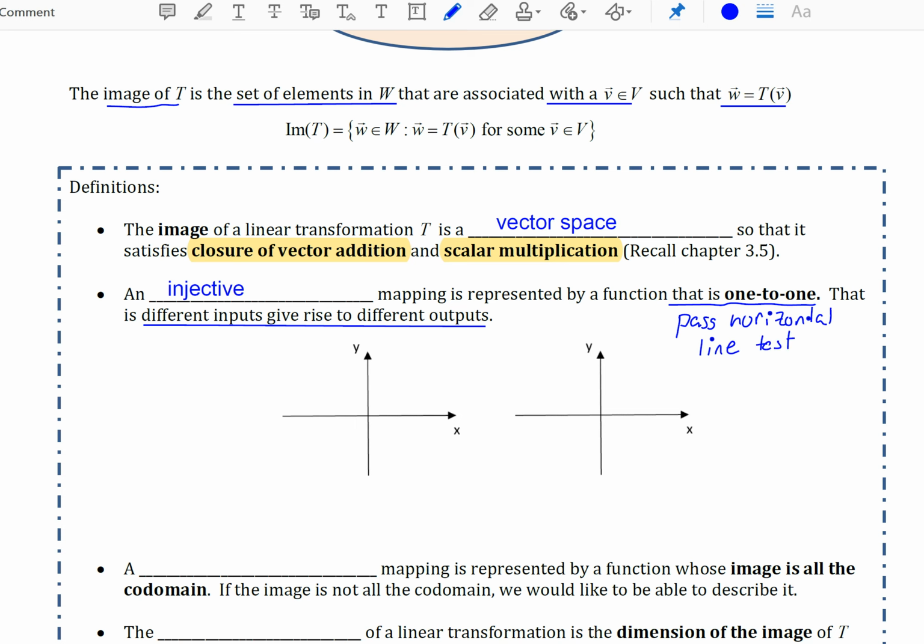Consider two functions, maybe y equals x cubed, and maybe y equals x squared. Let me see if I can draw that a little bit better.